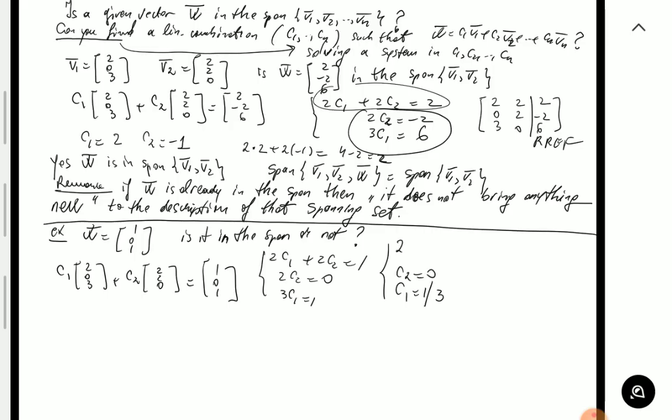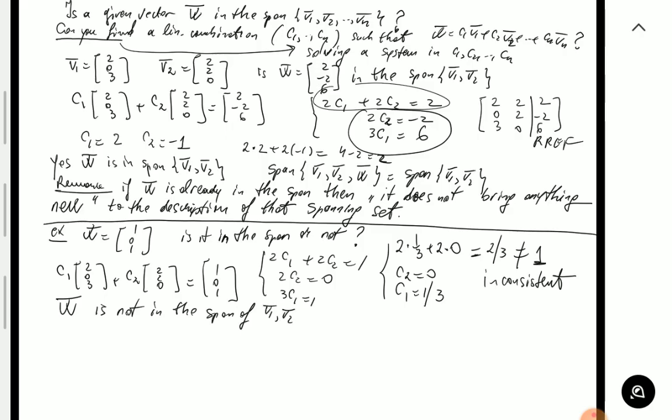But if I plug in these quantities in the first equation, 2 times 1/3 plus 2 times 0 equals 2/3, which is clearly not equal to 1. So that means this system is inconsistent. So clearly W is not in the span of those two vectors, V1 and V2.